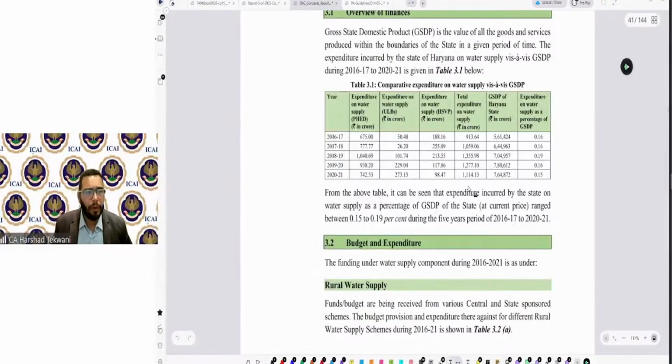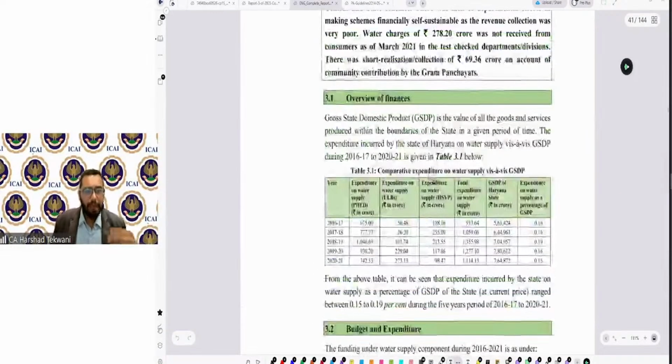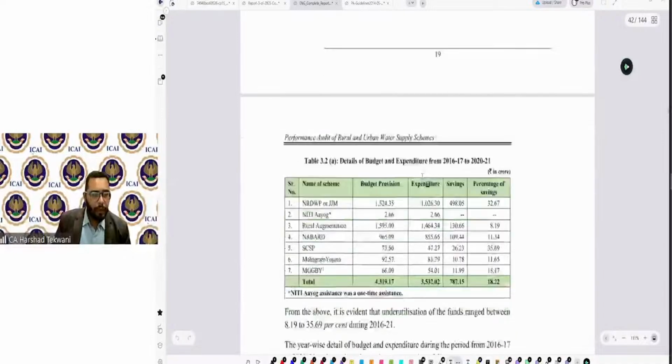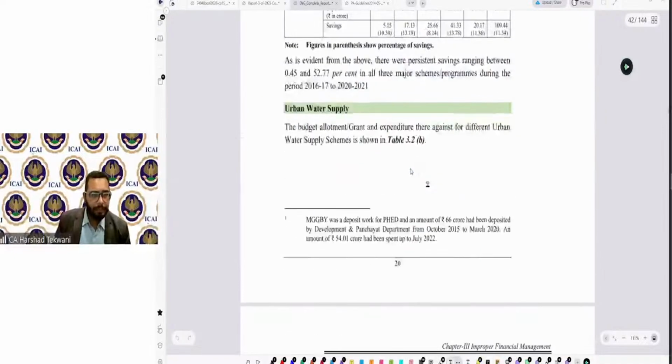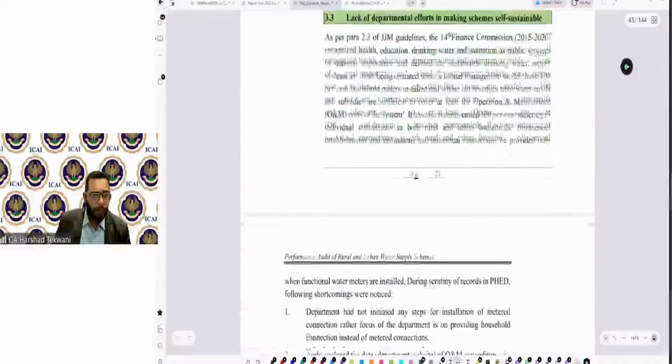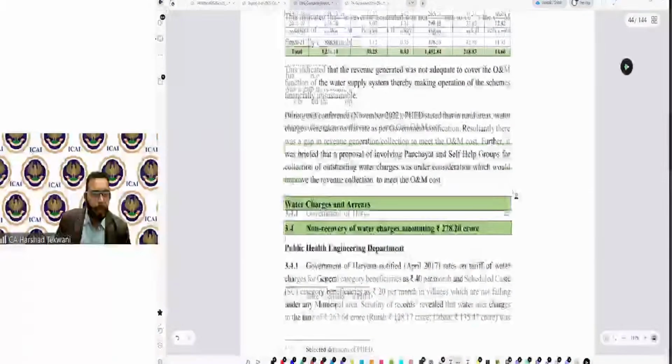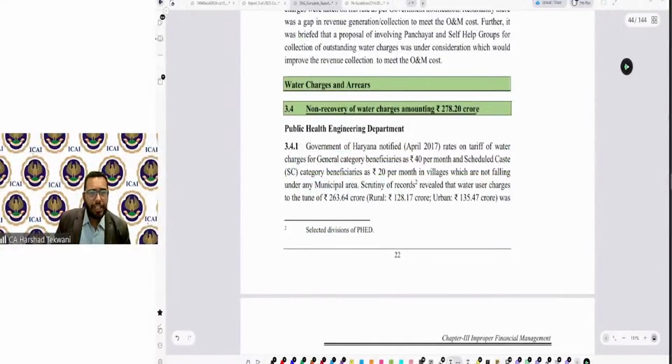See over here, in chapter 3, matters are related to financial management. What is the observation basically? Lack of departmental effort in making schemes self-sustainable. Second, non-recovery of water charges amounting to this many crore.